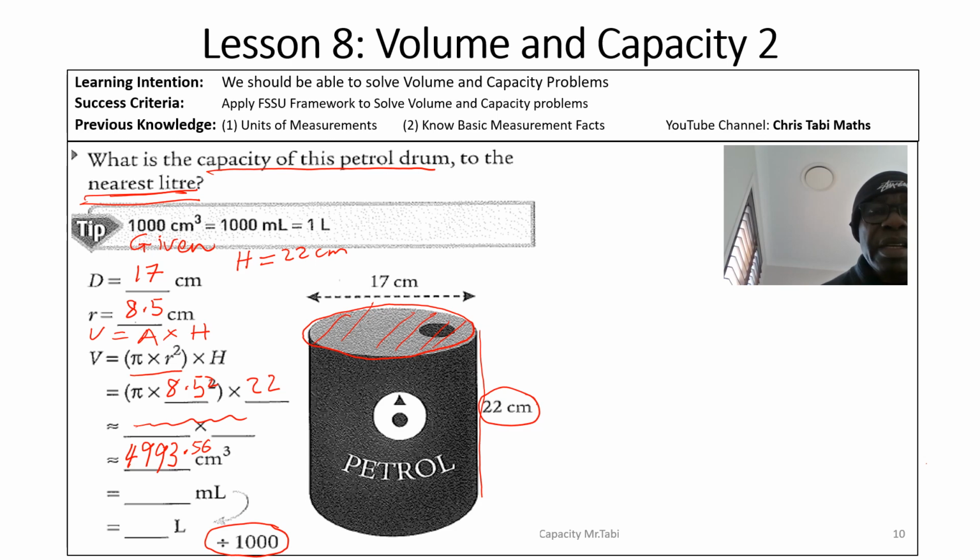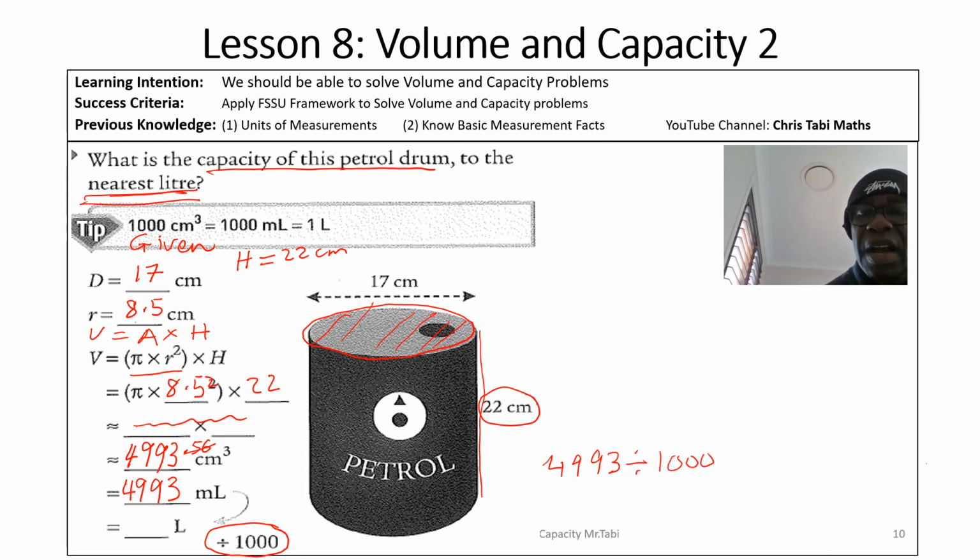Now, in milliliters, it will be the same value here, 4,993. As I said, these decimal point things are really irrelevant, because we're dividing by 1,000. And then in liters, we need to divide the 4,993 by 1,000.